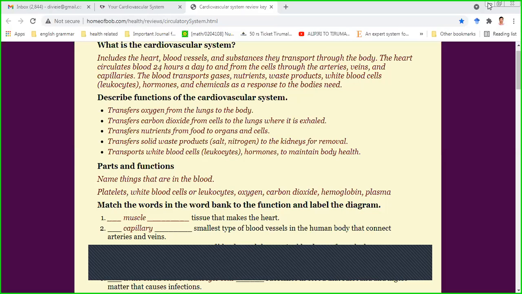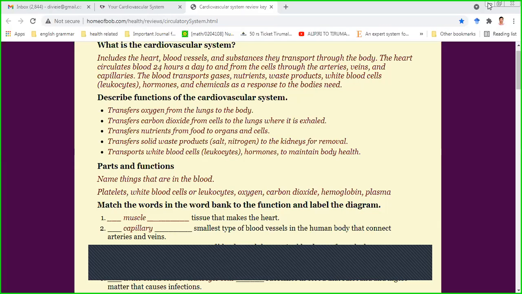Here we have arteries and veins, and we have the inferior vena cava and superior vena cava. These are the pipelines.